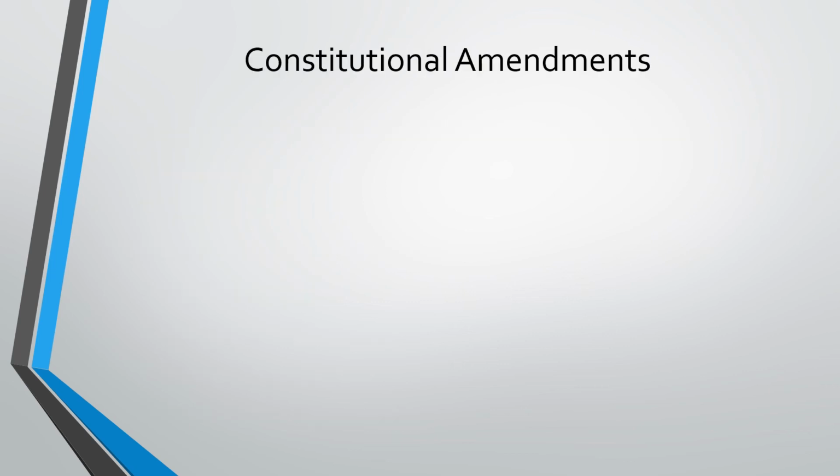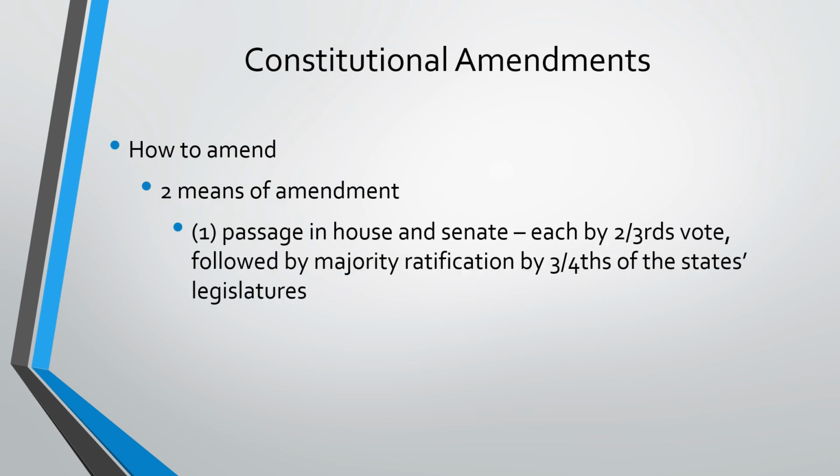Now we'll touch a little bit on the constitutional amendments. The Constitution has survived for over 200 years, but with changes, of course. It is these changes that are called the amendments. So how do we amend, right? The amendments are the changes that are added to a bill or to a law, but in this instance to the Constitution. There are two ways of amending. The first one is passage in the House and Senate.